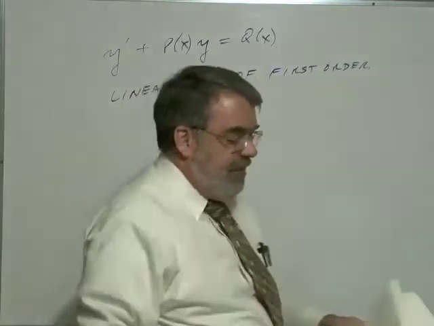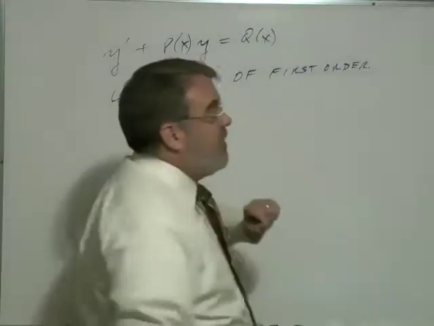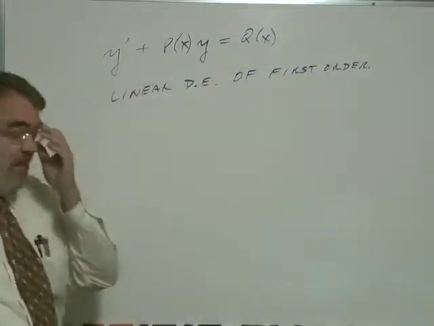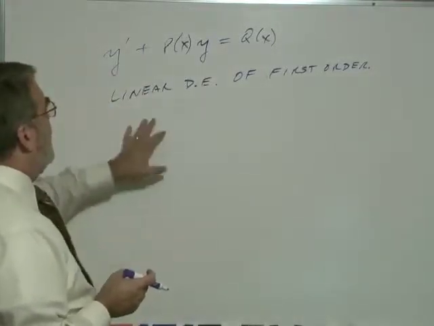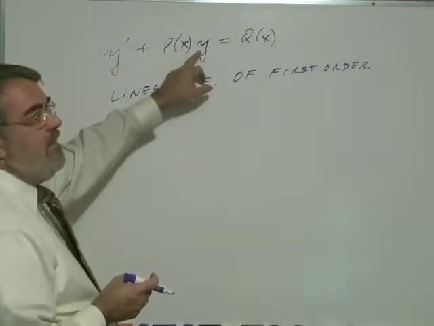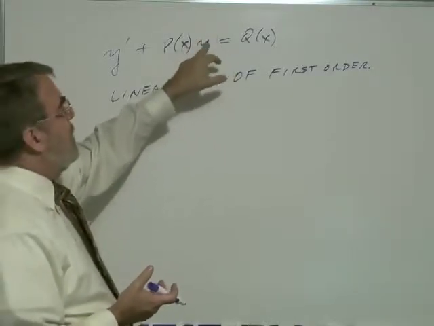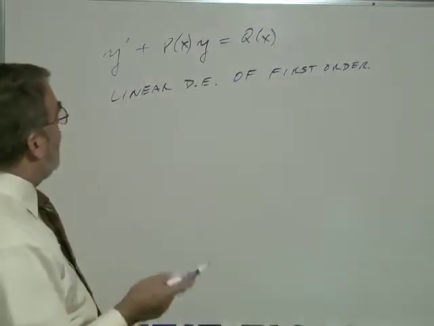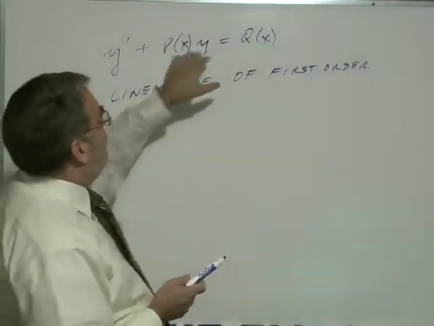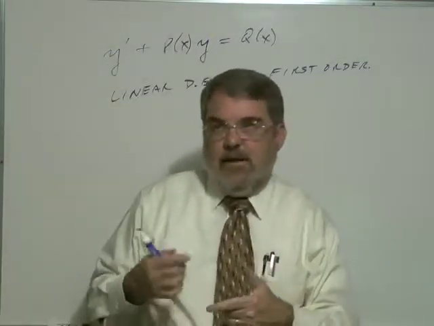It's a first order equation because we have a first derivative only. We don't have second or third derivatives, for example. And it's linear because this dependent variable y is a linear term. It's not y squared or y cubed, it's just y to the first power. Notice also that these functions are only functions of x.